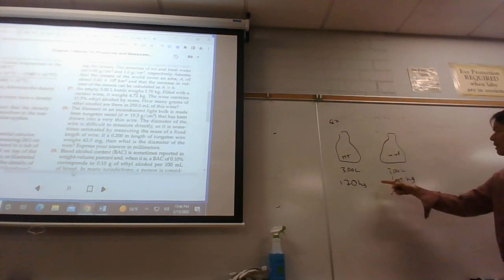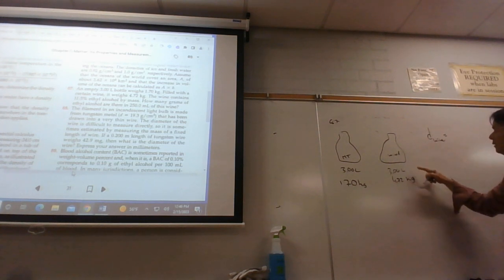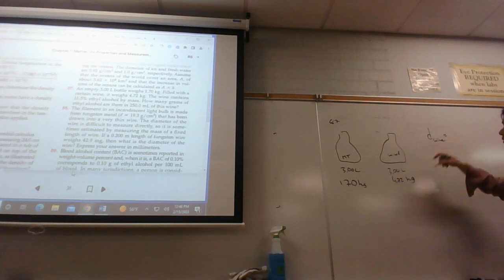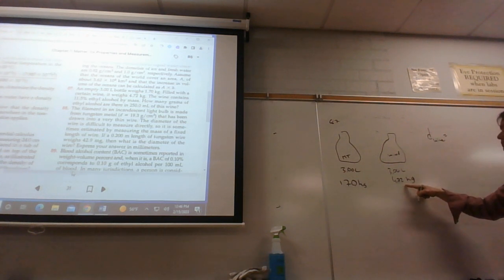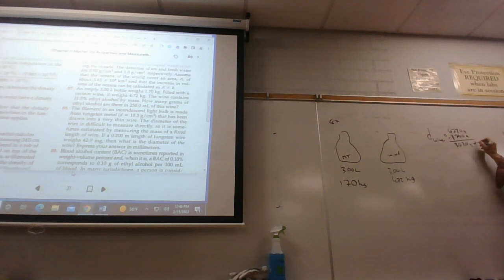So we have the volume and we can calculate the mass, and so we can get the density of the wine. I'm going to convert this into grams. So it's going to be 4,720 grams minus 1,700 grams. That gives us 3,020 grams of wine divided by the volume, which is 3,000 milliliters of wine.